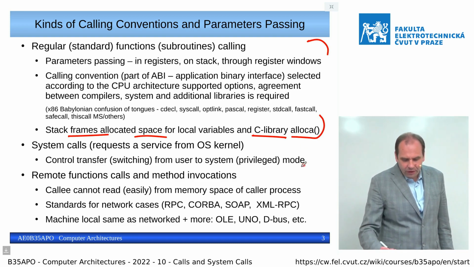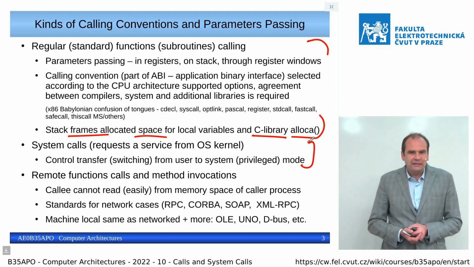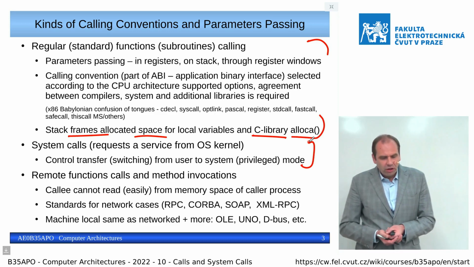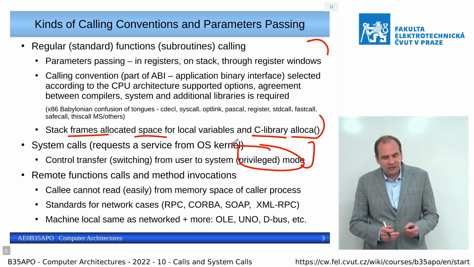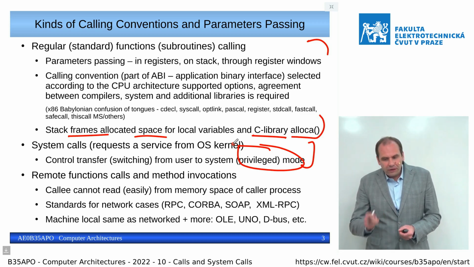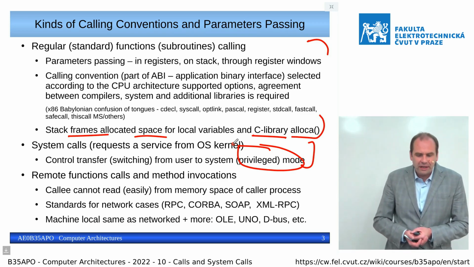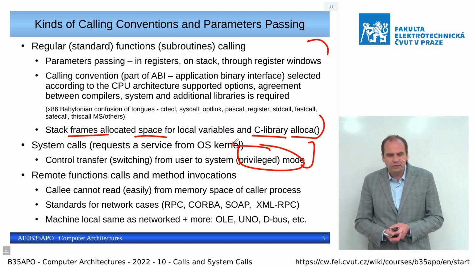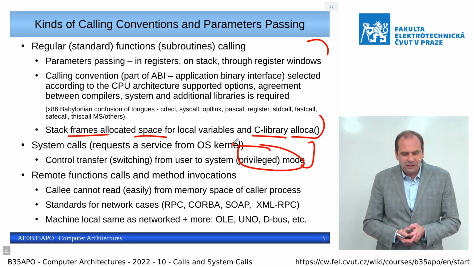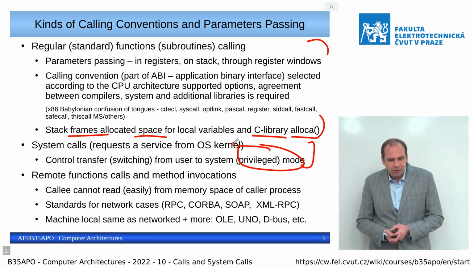Then we can have a calling of the operating system. In the case of the operating system, we need to pass data and control to a different mode of privilege, because in your application state, in user mode, you are protected against modification of, for example, page tables or direct access to the hardware, because at the moment when you have the rights to modify those hardware-level parameters and structures, then in fact you can access any memory of each other process in the system.